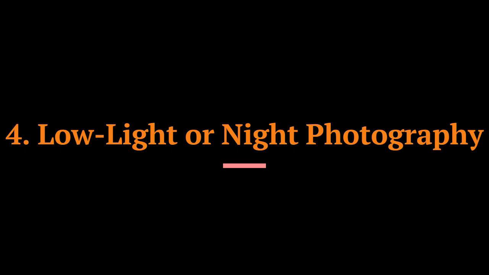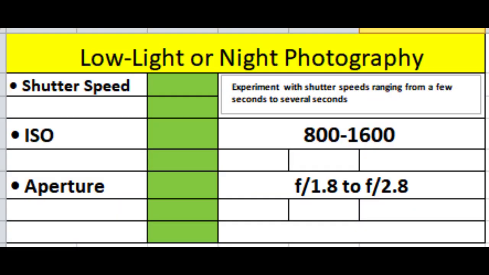4. Low light or night photography. Shutter speed: Longer exposures are often required in low light situations. Use a tripod or other stabilizing techniques to avoid camera shake. Experiment with shutter speeds ranging from a few seconds to several seconds or even longer, depending on the available light and desired effect.